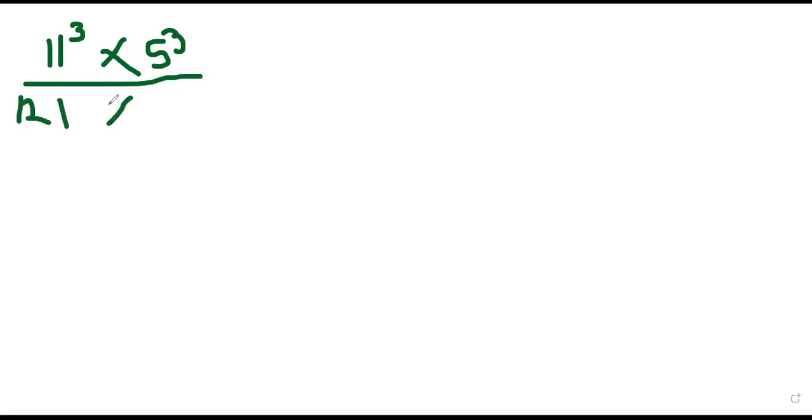Now we will go to the simplification method. Here we will be using all the laws. Now the question is 11 to the power 3 into 5 to the power 3 by 121 into 5.